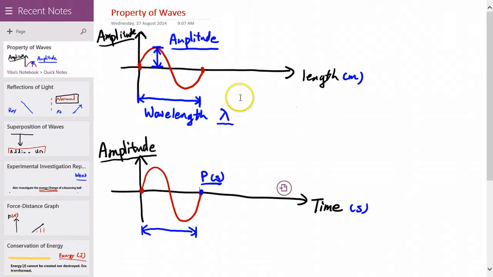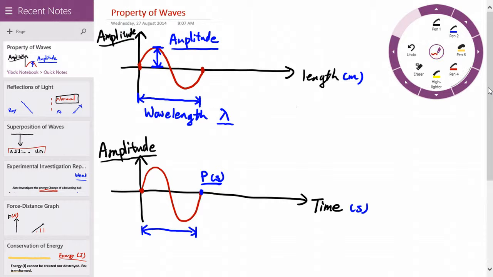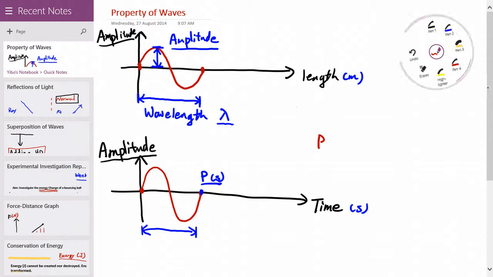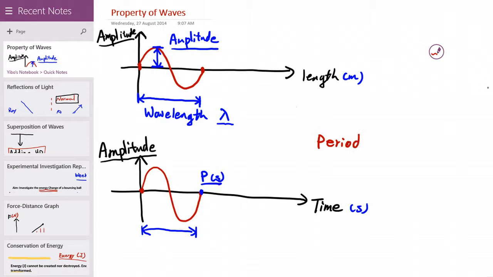Now, the other thing we need to be clear about is the period. The period is measured in seconds, and also we have something called the frequency. Frequency is measured in hertz.